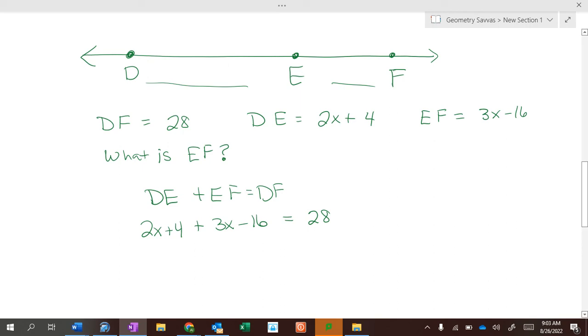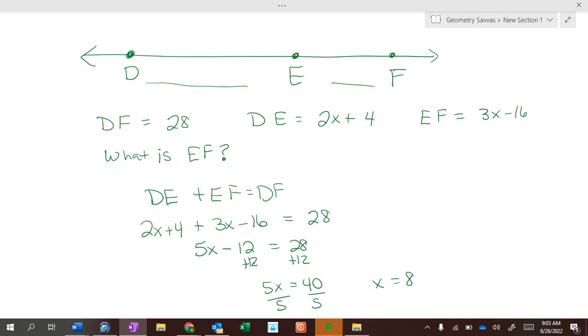Okay, what do we do on the left side? What's the magic 3 words? Combine like terms. What's 2x plus 3x? 5x. What's 4 minus 16? Negative 12 equals 28. Add 12 to both sides. So 5x equals 40. Divide by 5. X equals 8. Is 8 our answer?